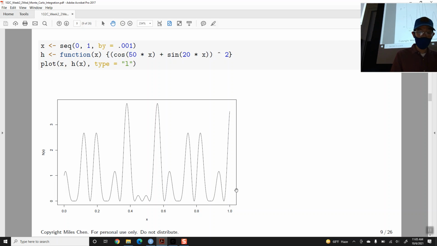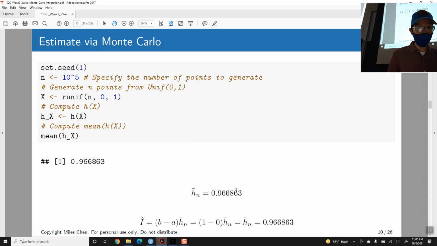Here's the plot of the function, and if I wanted to integrate this, how would I do this? This is the exact process. We're going to generate 100,000 values. Set seed is just an arbitrary number. I just tend to use set.seed(1), but again, you can plug in any integer into set seed, and that's fine.